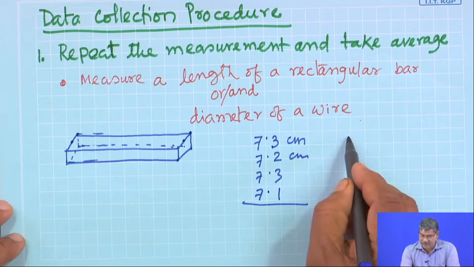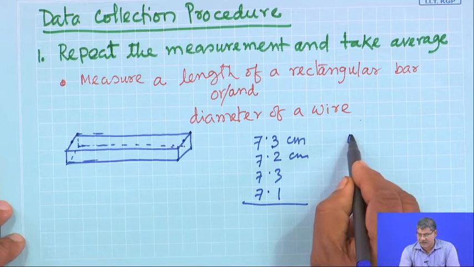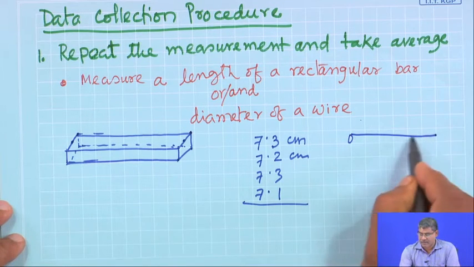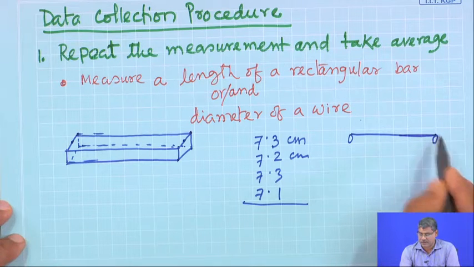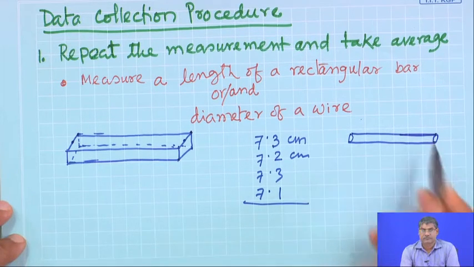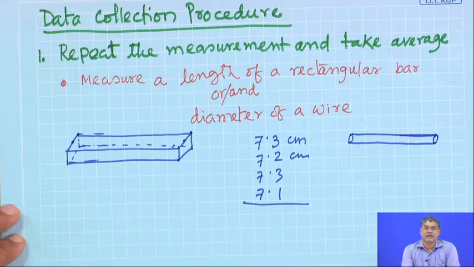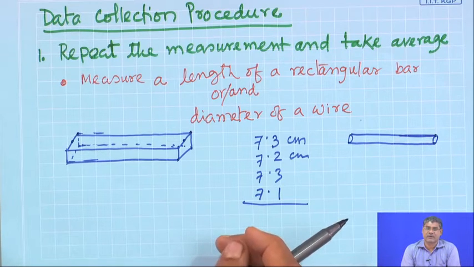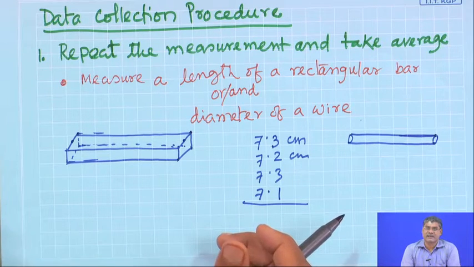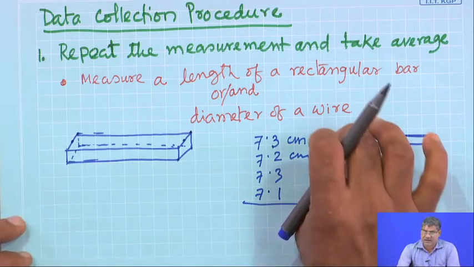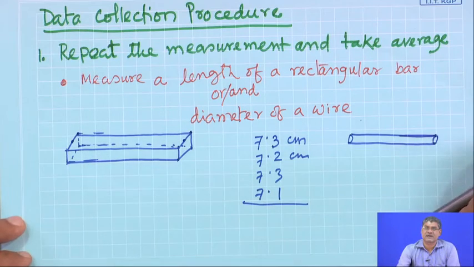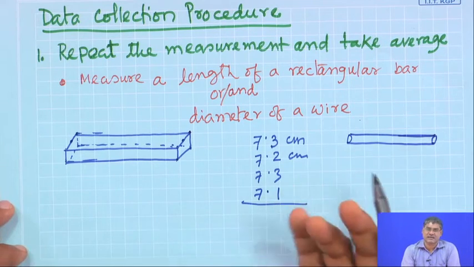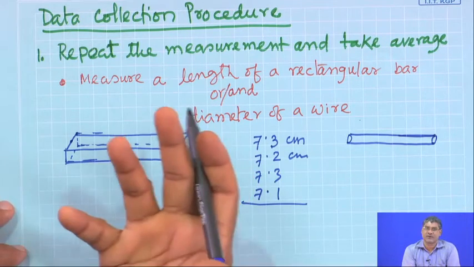Similarly, consider the diameter of a wire. When you are going to measure the diameter of the wire, in the ideal case a wire has a uniform cross section along its length, right? That is the ideal case, and in theory we consider that.